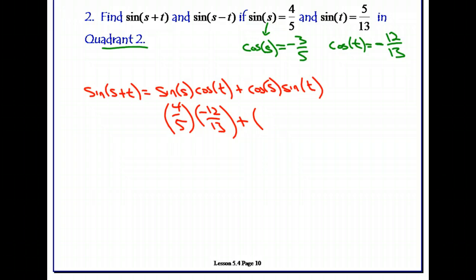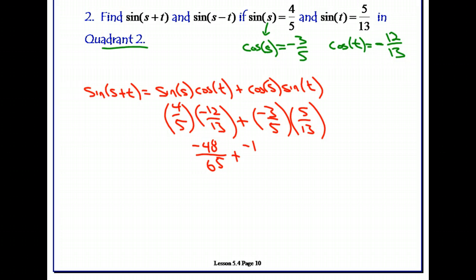Cosine of s, -3/5. And the sine of t was 5/13. All right, let's multiply. On the top, it looks like a -48 over 65. Here I've got a -15 over 65. Combine this, and it looks like a -63 all over 65. All right, and that is the sine of s plus t.